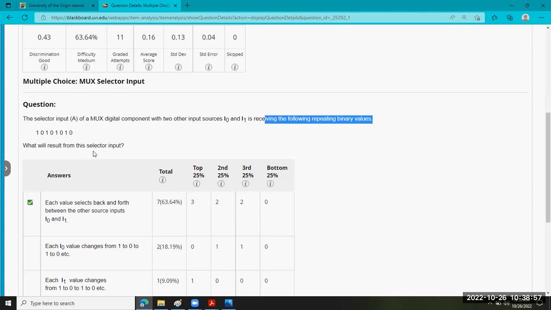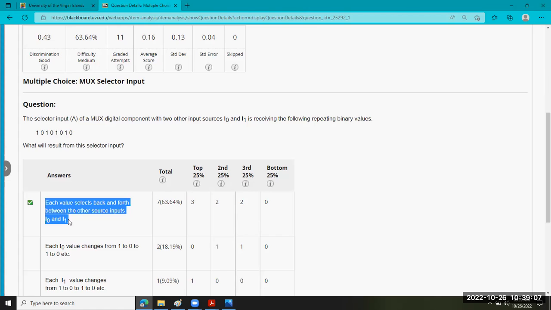What will result from this selector input? Now, a good number of our students chose the correct answer. Each value selects back and forth between the other source inputs, I sub 0 and I sub 1.